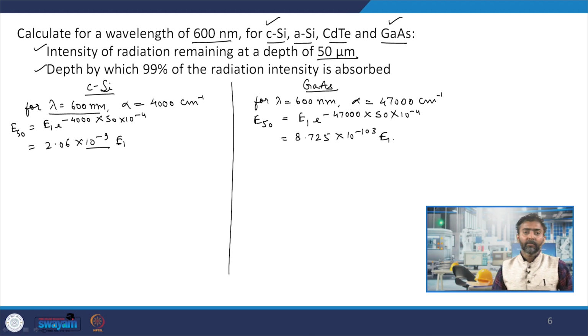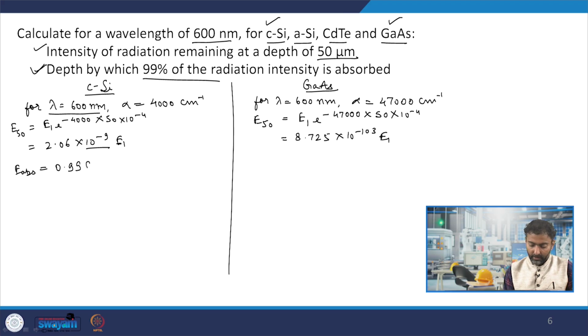Now let us try the second part of this problem, the depth by which 99% of the radiation intensity is absorbed. If I am saying that E absorbed is 99%, 0.99 E1, what it means is that E remaining should be only 0.01 E1, and this will be equal to E1 e to the power minus alpha x.